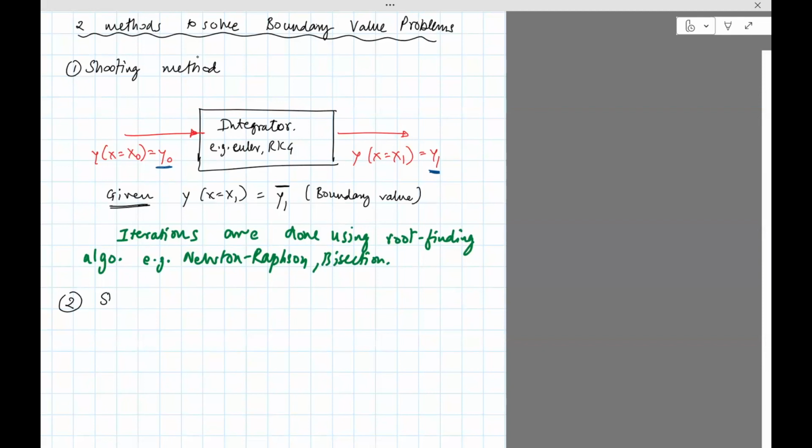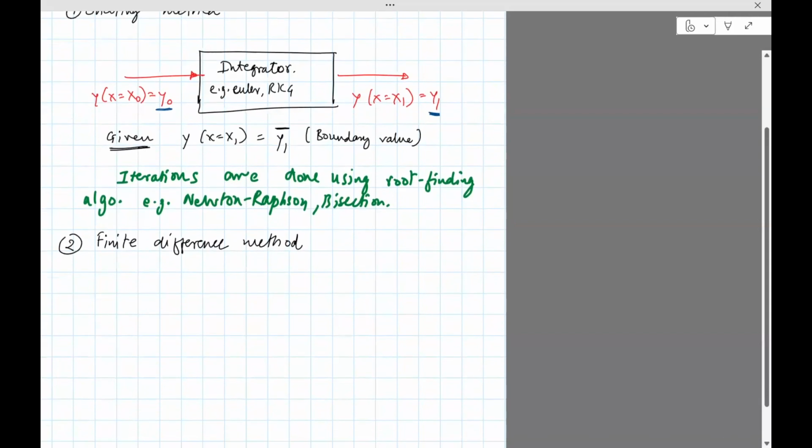The second way is the finite difference method. Here what is done is you break up the ODE, or maybe I'll rewrite the ODE as a difference equation, right?